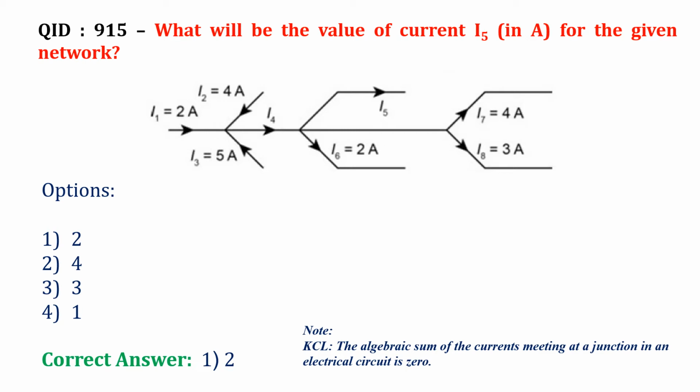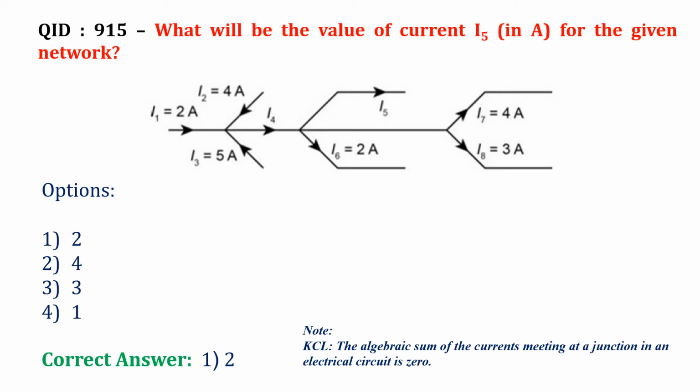Here, I1, I2 and I3 currents enter into this junction. So 2 plus 4 plus 5 is 11 amps. 11 amps is the total current, which is nothing but the I4 current.